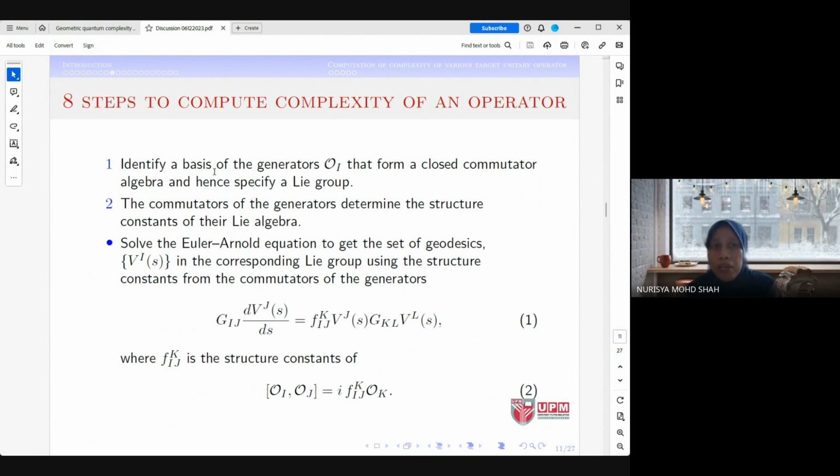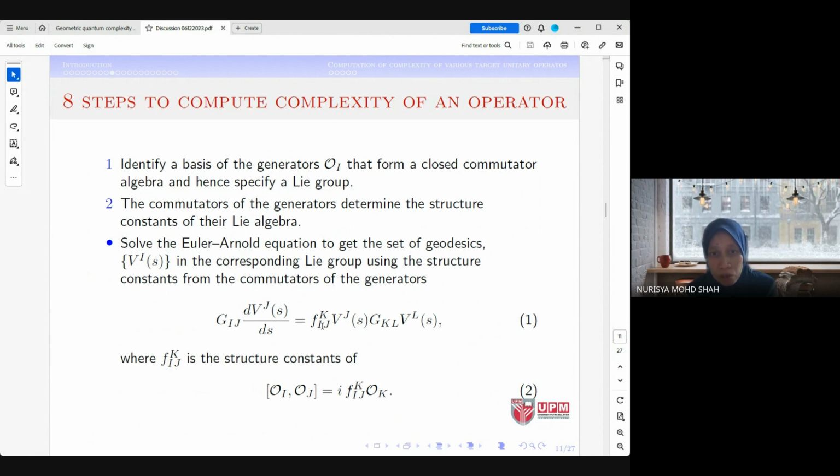So you identify a basis of the generators that form a closed commutator algebra and hence specify a Lie group. The commutators of generators determine the structure constants. Sometimes they call this the frequency. So for the commutators, you solve the Euler-Arnold equations to get the set of geodesics for the corresponding Lie groups, using the structure constants from the commutators of generators using equation 1.